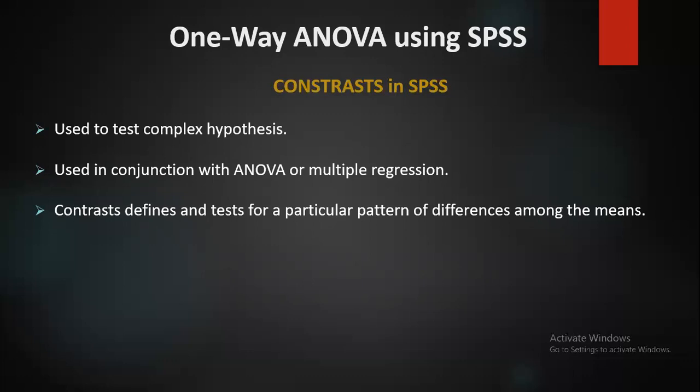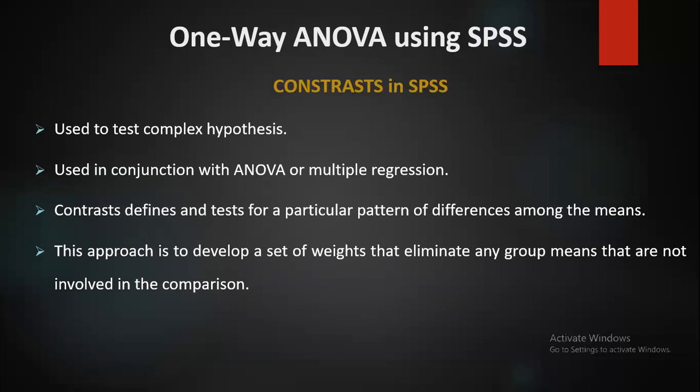Here we are taking Metro 1 and Metro 2, the pattern you have fixed, except Metro 3. So that is what the contrast defines: the factors that you want to test for ANOVA. You want to see the differences in those means, and that is defined by the contrast.